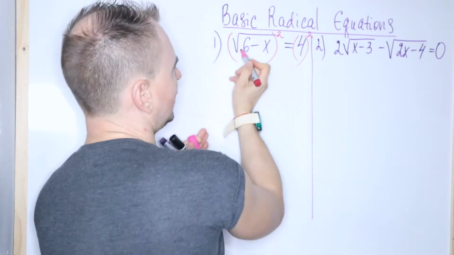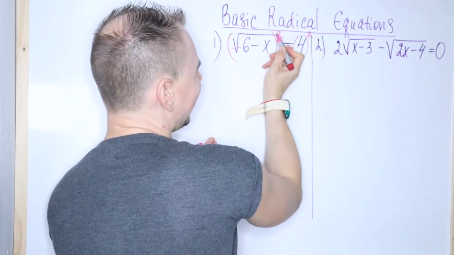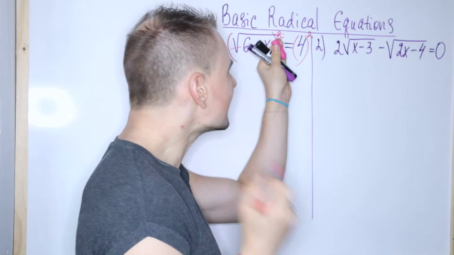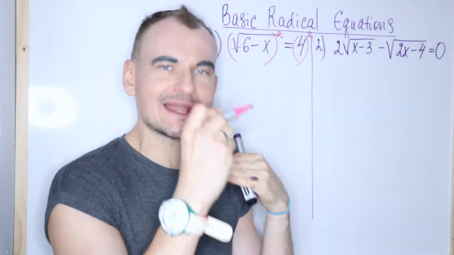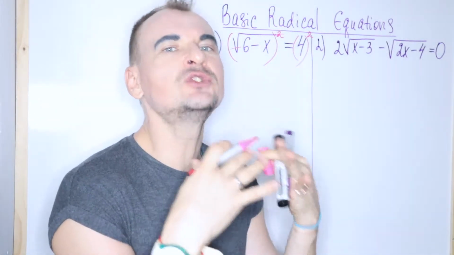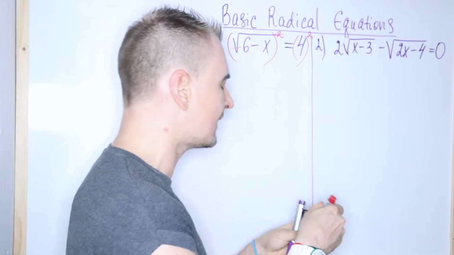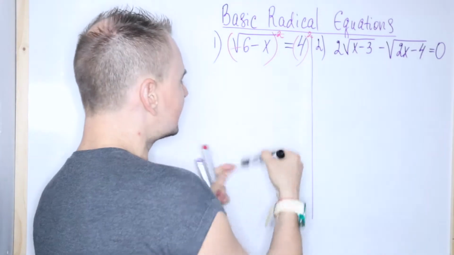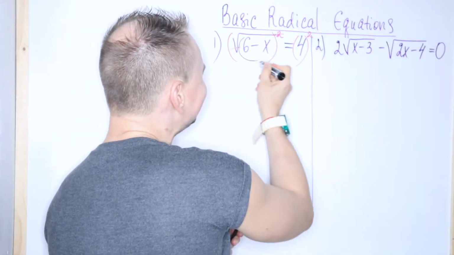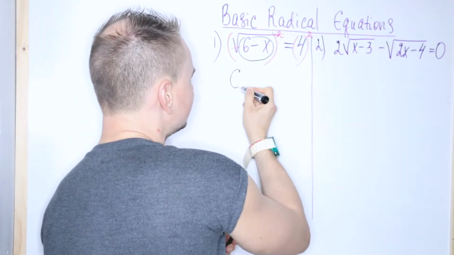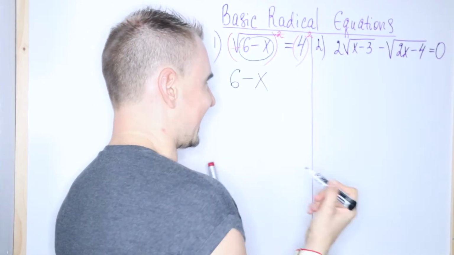And on the left side, this square root and that second power basically cancel each other out, they undo each other since they're opposite, reverse operations of each other. And you would be left with whatever you have underneath your square root. So in this case, it's 6 minus x.